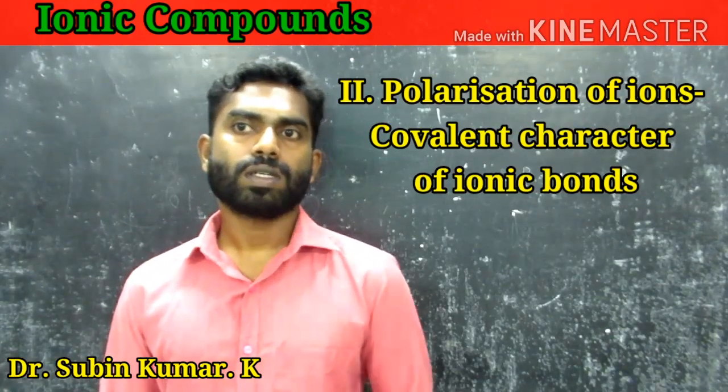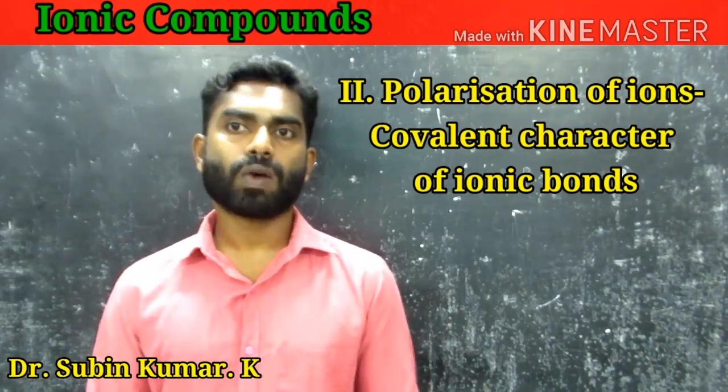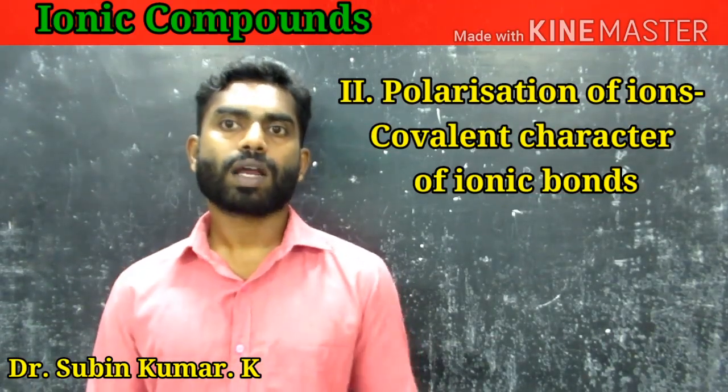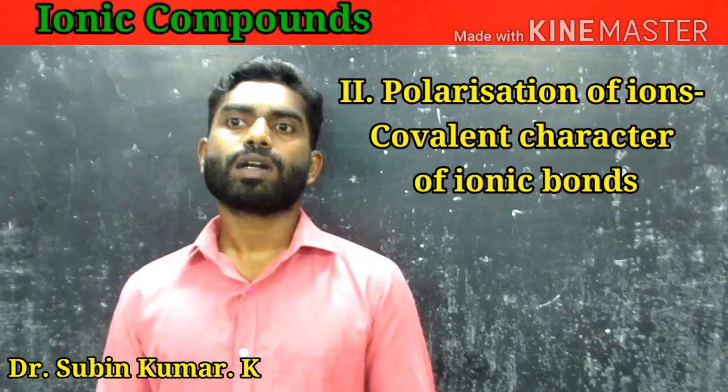But this is not the situation when the cation is surrounded by anions and the anion is surrounded by cations, as in the case with the close packed arrangement in ionic crystals.